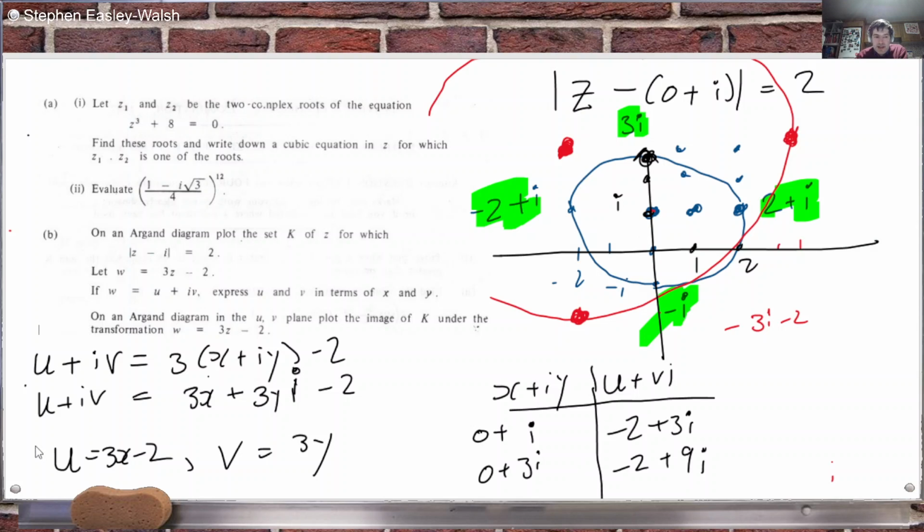Yeah, so this I much prefer. You can't see the questions because I have them open here on the website, but if you look at 1993, they don't say express uv in terms of xy. They say express xy in terms of uv.